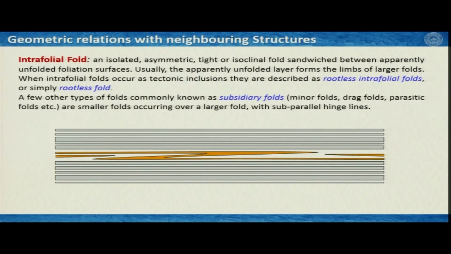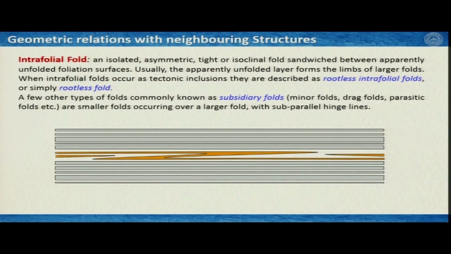The final one we will see is called intrafolial fold. So, folia means leaves. So, intrafolial means a fold between the leaves, or in our case a fold between some layers or fine layers. So, this is defined as an isolated asymmetric tight or isoclinal fold sandwiched between apparently unfolded foliation surfaces. Usually the apparently unfolded layer forms the limbs of the larger folds.